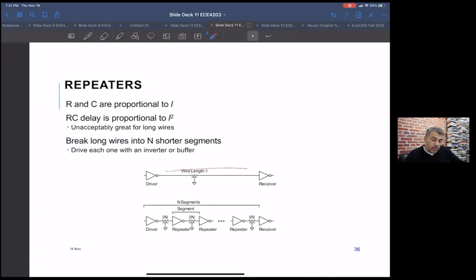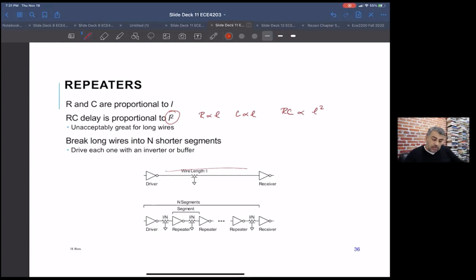I won't go through the derivation, but if you have a really long line, the RC delay is dependent on L squared, because R is proportional to L and C is proportional to L. The longer it is, the higher the capacitance and the higher the resistance. So the RC delay ends up being proportional to L squared.